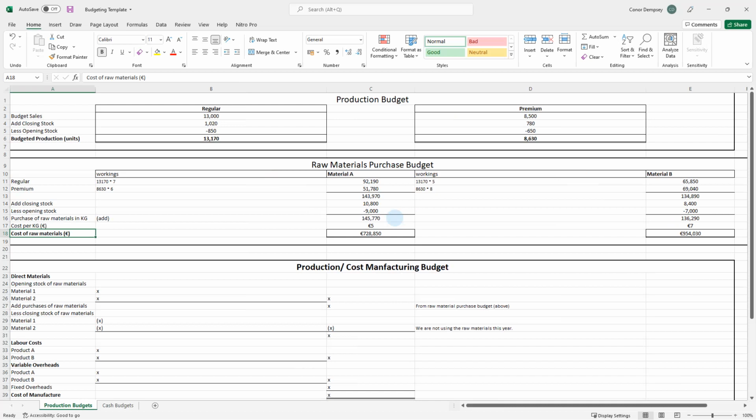So the raw materials purchase budget is basically just that. It's not the most difficult thing in the world. It's just having a good structure to work with and understanding what you need to extract from the question.